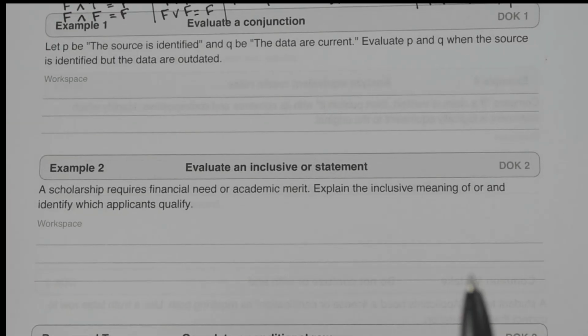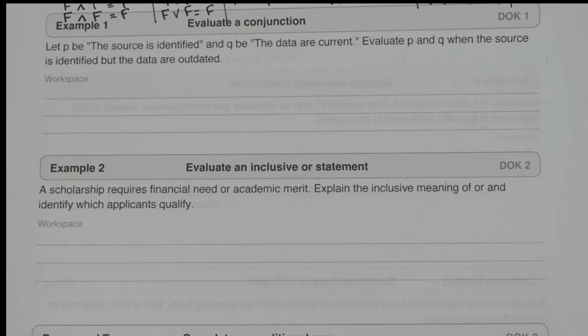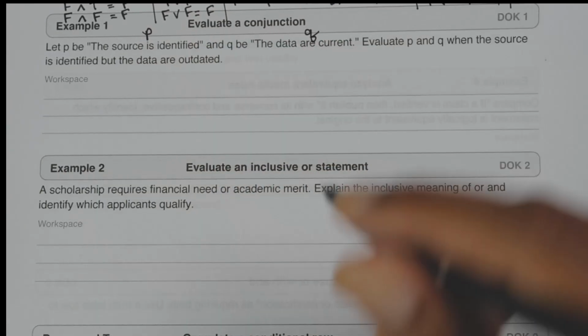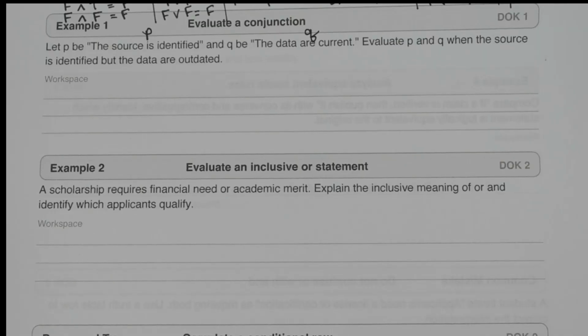Example number one. Let's put these into practice. So it says, let P be the source is identified, and Q be the data are current. Okay. So again, this will be P and this will be our Q. Then it says evaluate P and Q when the source is identified, but the data are outdated.